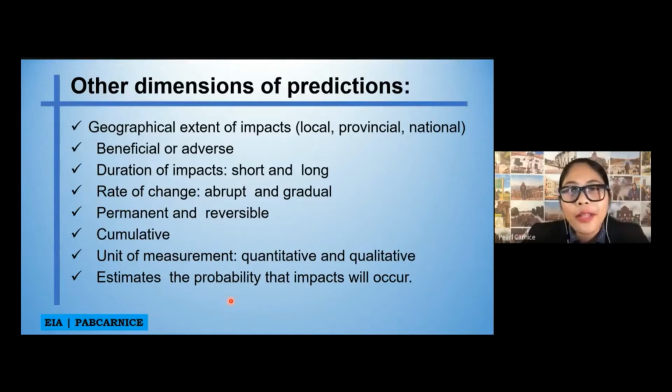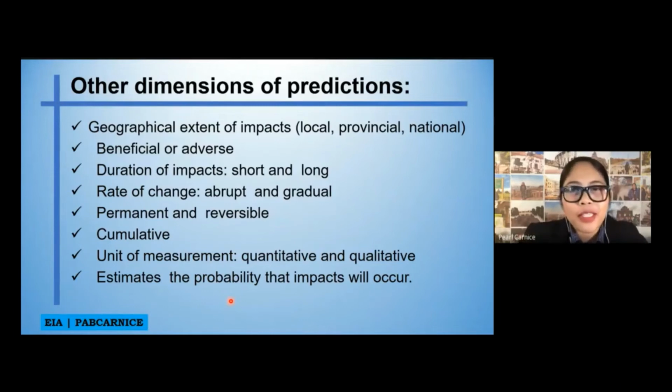When we say quantitative, there is a specific quantity, for example, in parts per million. For example, for water quality, the amount of nitrogen should be in percentage, and so on and so forth. When we say quantitative, it's in quantity, and there is a specific number to a certain unit of measurement.